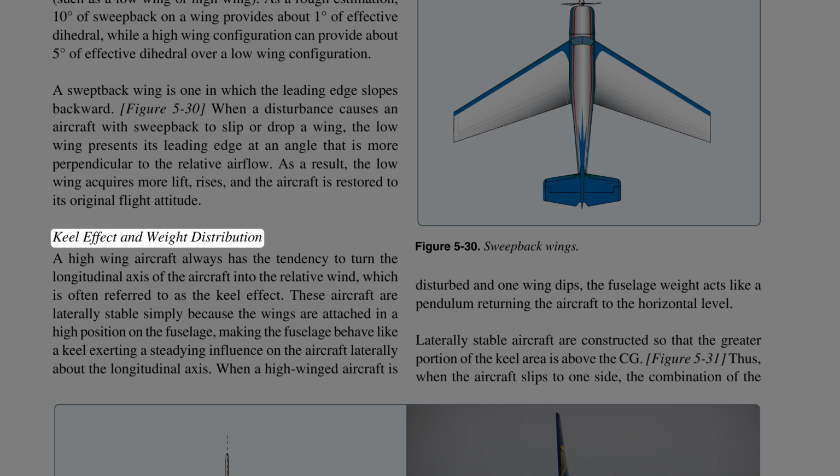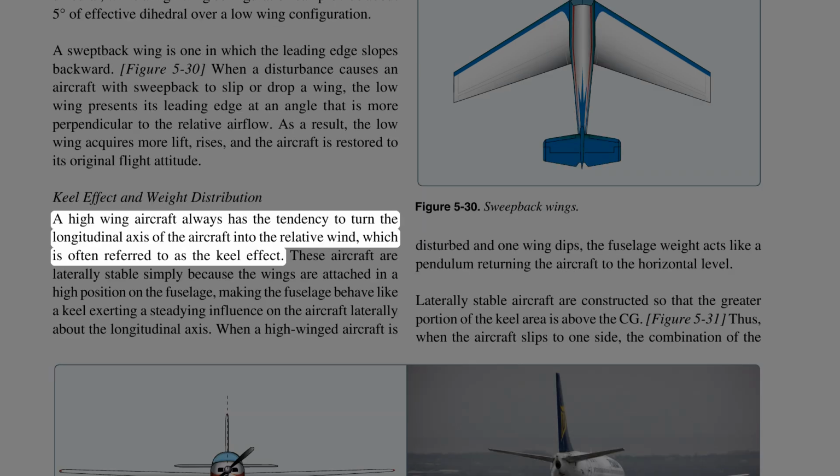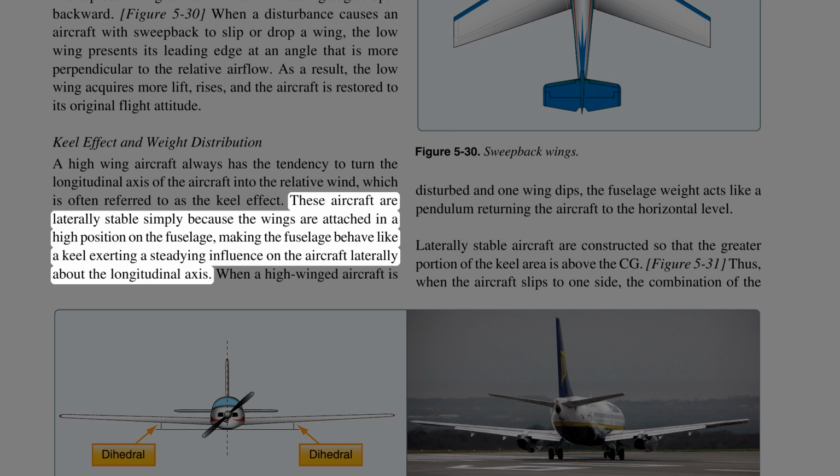Keel effect and weight distribution. A high-wing aircraft always has the tendency to turn the longitudinal axis of the aircraft into the relative wind, which is often referred to as the keel effect. These aircraft are laterally stable simply because the wings are attached in a high position on the fuselage, making the fuselage behave like a keel, exerting a steadying influence on the aircraft laterally about the longitudinal axis.